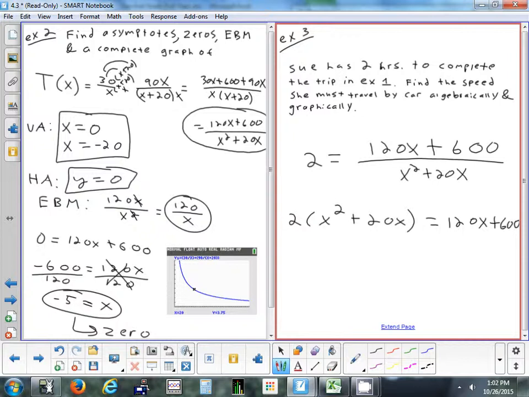Heaven, what could I do next on the left? Yeah, multiply out the 2. And DJ, what does that give me? 2x squared plus 40x.